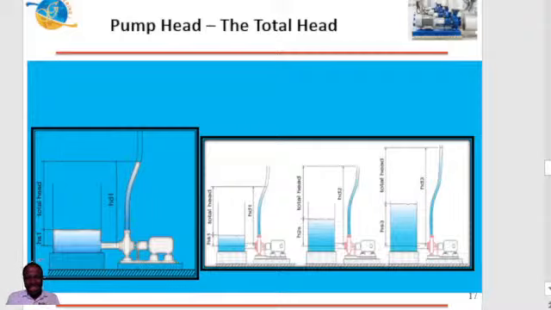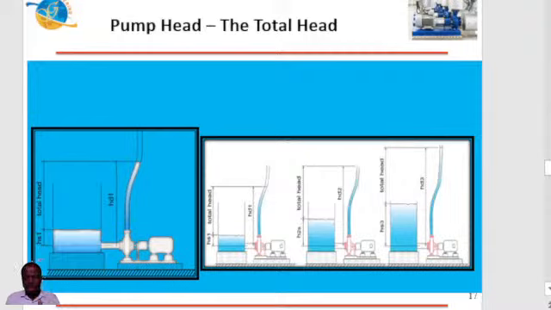Now, with that in mind, I said a much more useful concept of head is the difference between the liquid level in the suction tank and the head in the vertical discharge pipe. That difference is known as the total head that the pump can produce. Let me repeat this.